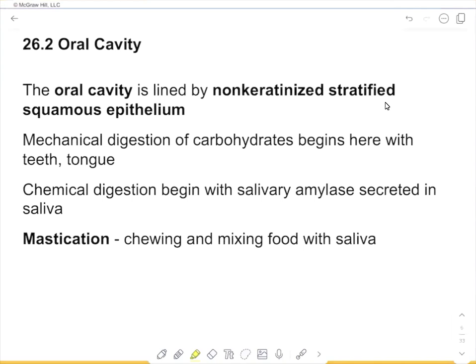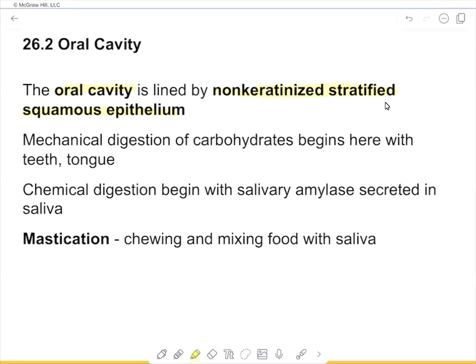So we're going to begin with the oral cavity here. And the oral cavity is going to be lined with non-keratinized stratified squamous epithelium, just like the oropharynx is. The reason it's non-keratinized stratified squamous epithelium is so that it can withstand any abrasion that happens because of food.